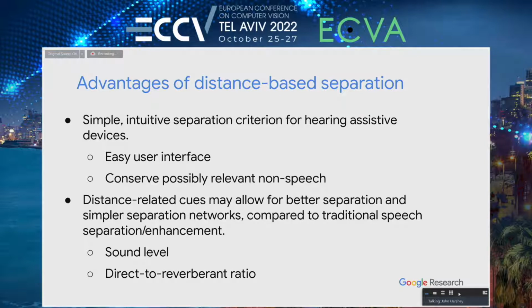And there was a kind of idea with this that maybe this could allow for more efficient separation systems, since if you think about it, the distance cues have to do with superficial aspects of the sound, right? It's not the sound class and category itself, so it's not the spectral pattern of the sound in the sense of identifying what type of sound it is, which is the case for speech versus non-speech separation.